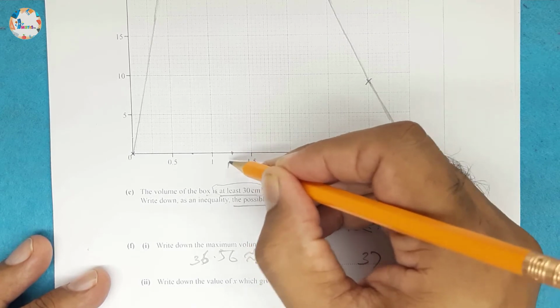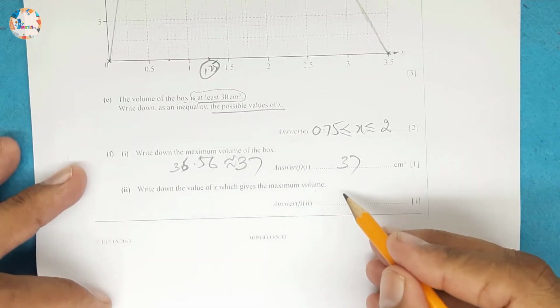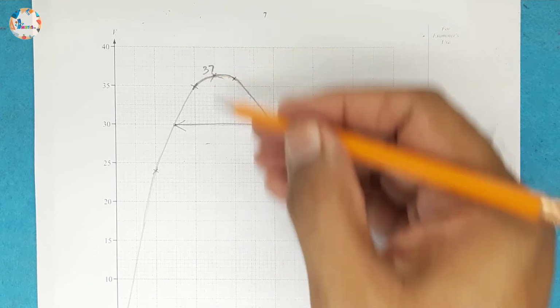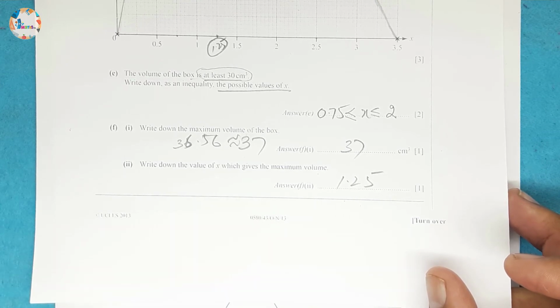So 1.25 will be our answer for this one. We can write here 1.25, for which we have taken this value, which is 37. This value we have taken. So hopefully you understood this portion, F2 also.